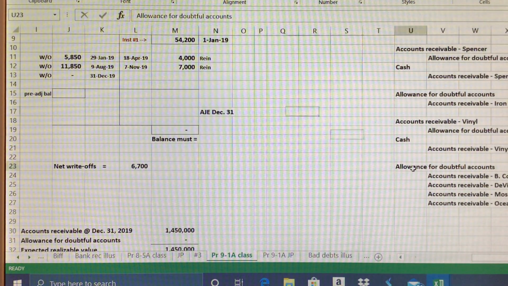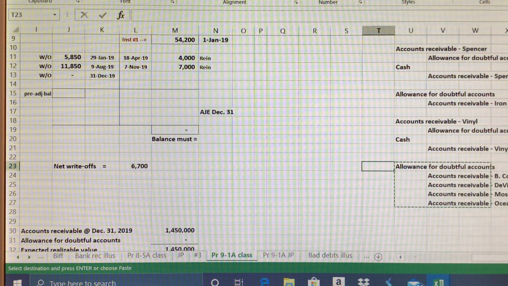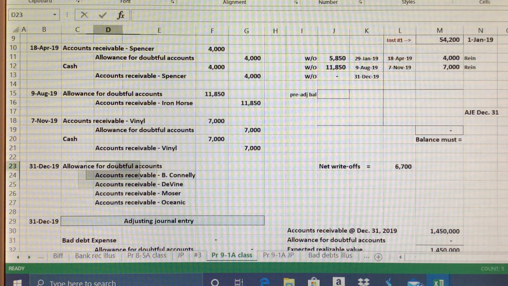That's going to be this entry here. I just got one debit to the allowance account. The individual receivables are $12,100.